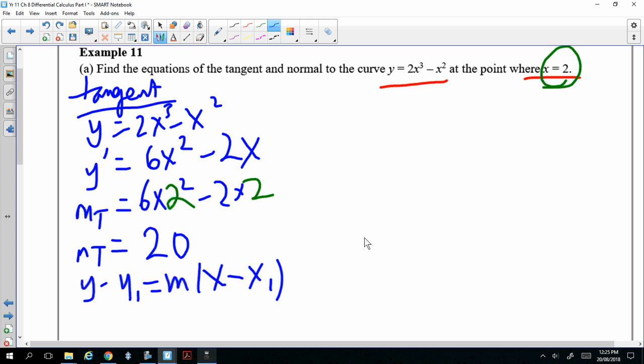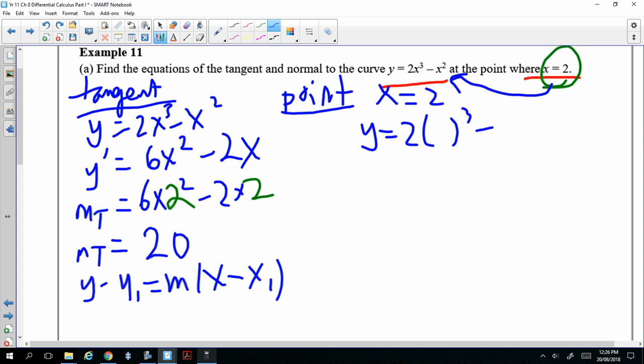Now, how do I get the point? We only got the x value. We substitute 2 into the original formula to get the y value, where x is 2.